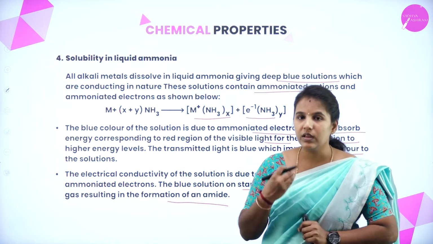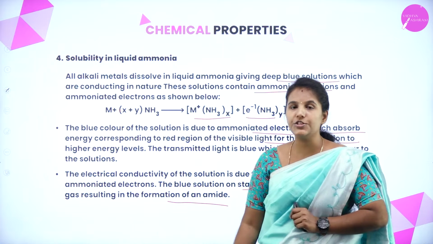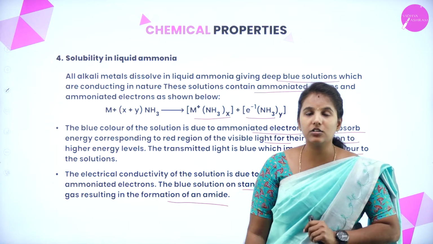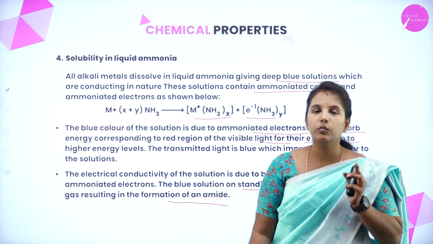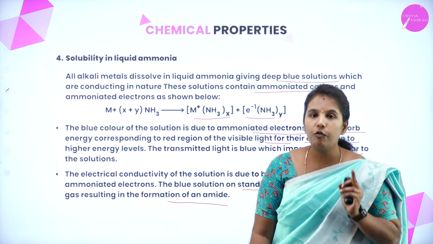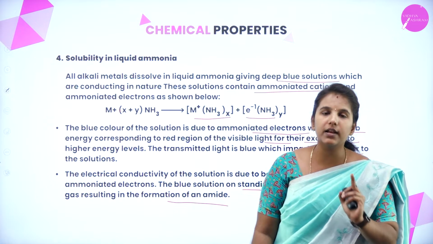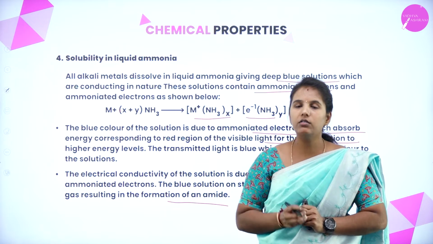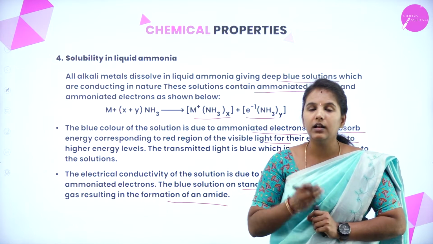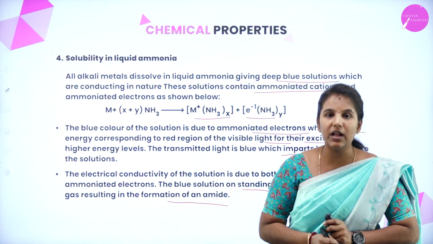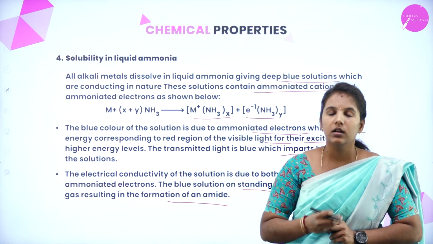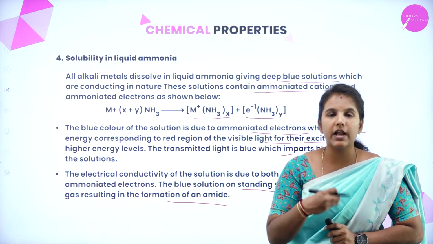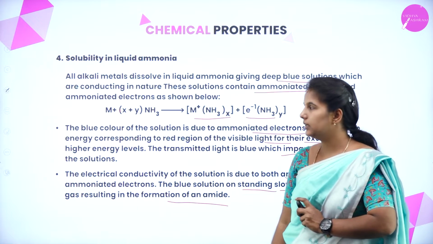And remember, the formation of ammoniated electrons and ammoniated cations is responsible for the blue color in the solution. This explains how alkali metals dissolve in liquid ammonia and give rise to ammoniated cations and ammoniated electrons.